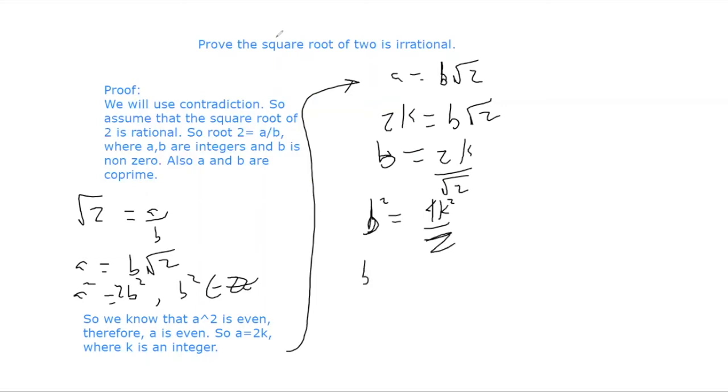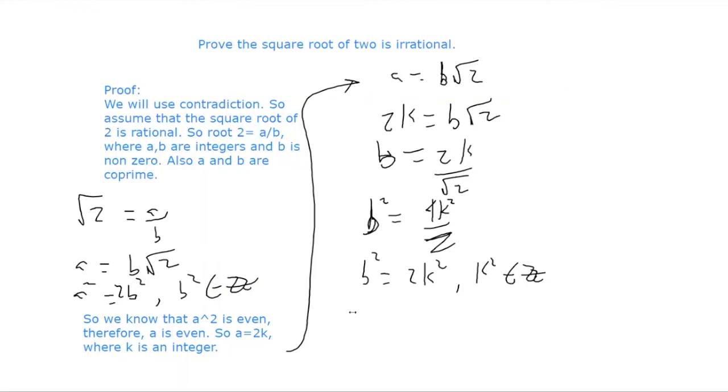So b squared equals 2k squared, where k squared is an integer. And we know that because k is an integer, and an integer times an integer is also an integer. So we have, once again, that b squared is an even number, and therefore b is an even number.